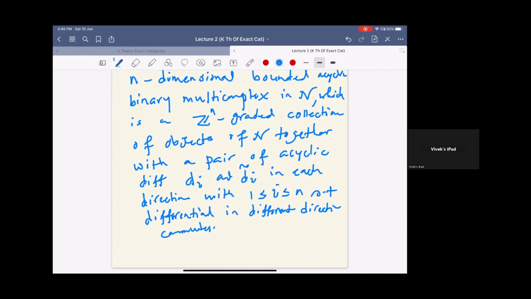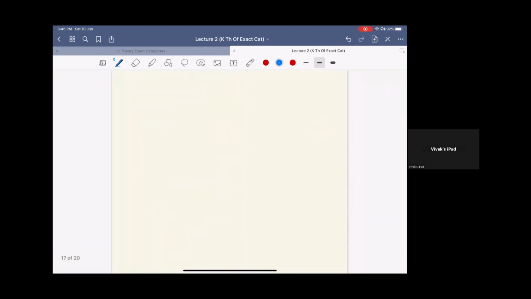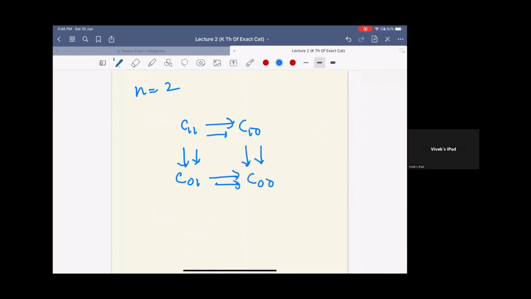So basically, for n equals 2, it typically looks like C11, C10, then another row, C01, C00. And here the differentials are di, d tilde i, again di, d tilde i.